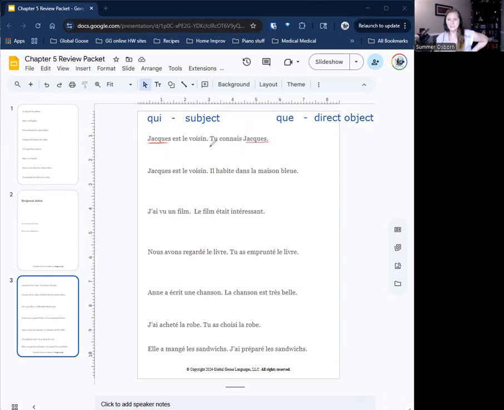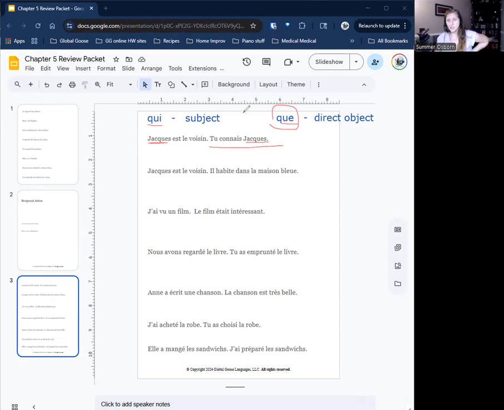But I'm going to look at my second sentence and ask myself, what was repeated here? It was Jacques. Was it the subject of this sentence or the direct object of this sentence? Tu connais Jacques. Clearly, the subject is tu. So it was the direct object that was repeated. Jacques is the direct object. Therefore, I need to use que to connect these sentences.